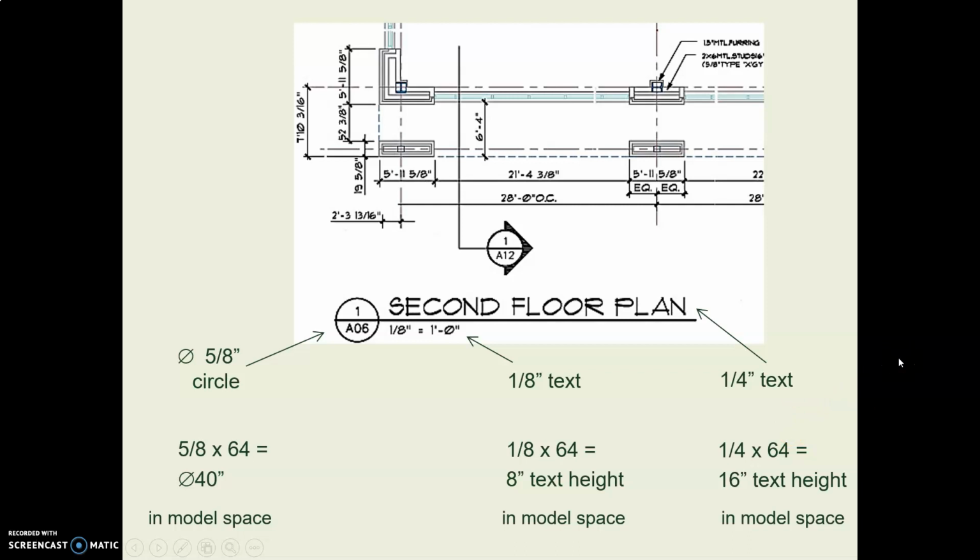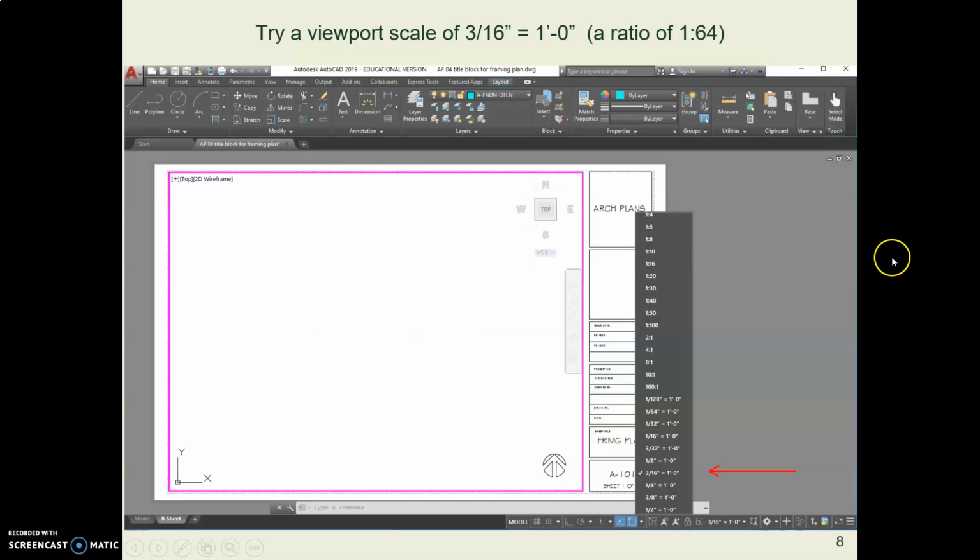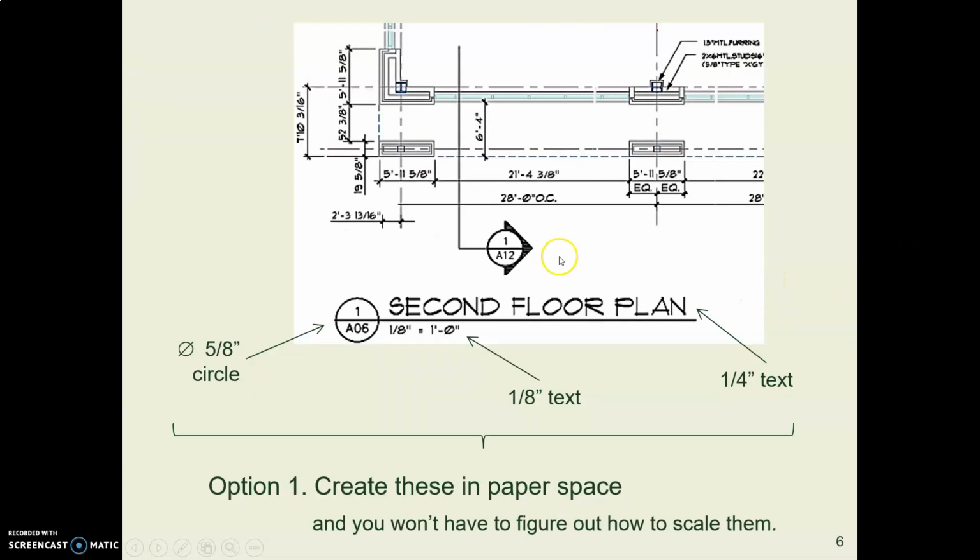That's if you want to make your title stuff in model space. And I actually do that. I don't know why, I like that. But paper space is much easier, so backing up here, option 1, I recommend you create these in paper space, and then you won't have to figure out how to scale them. Okay, there you go.